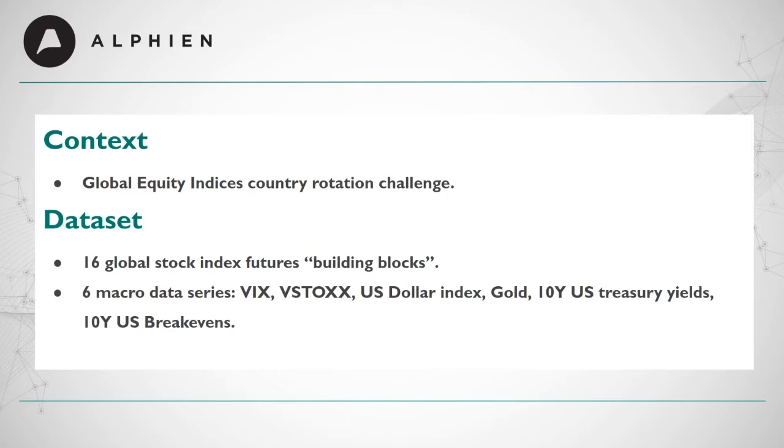So all of these are market-based indicators, so it means they have a daily frequency. We'll show that in a minute, but it means that we can use them directly in our models without having to think too much about reindexing the series and the dates.